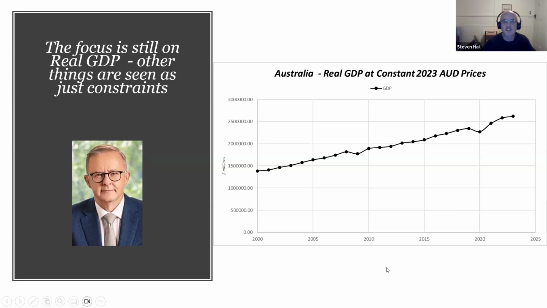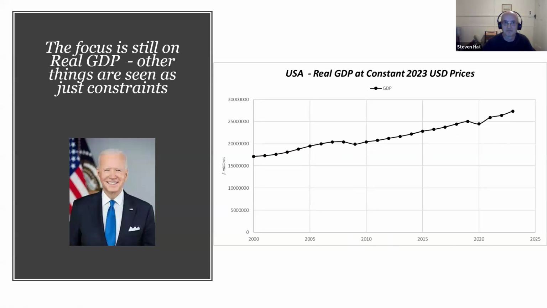But if you look at Australia's real GDP across the calendar year 2009, that's what we're looking at here, based on data from the World Bank, there was a dip in that year, but you can see the economy growing, and it's almost doubled in size between 2000 and 2023. That means it's grown at almost 3% per year, year after year after year. Keep that going for 250 years, and you have an economy 1,000 times as big as we've got at the moment. That's obviously not going to happen.